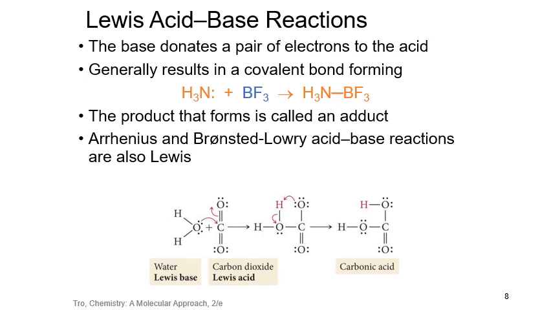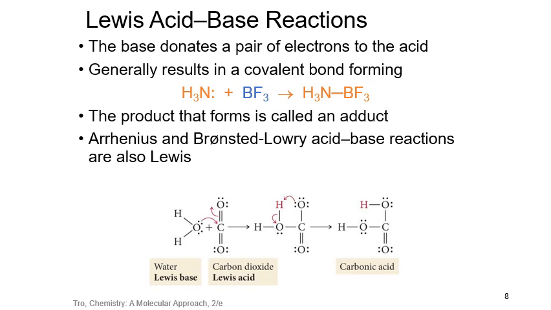So when we do have Lewis acid-base reactions, what happens is we form something called an adduct, okay, where we take the lone pair donating group and a lone pair accepting group, and they actually form a bond.